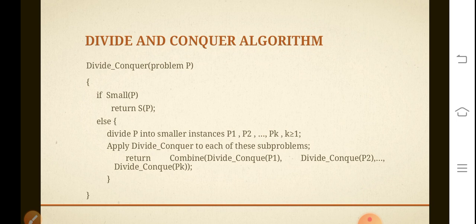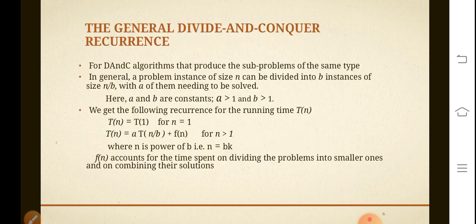Else divide p into smaller instances p1, p2, up to pk, where k is greater than or equal to 1. Apply divide and conquer to each of these subproblems. Return combine of divide conquer of p1, divide conquer of p2, and so on, divide conquer of pk. This is how the divide and conquer algorithm works.